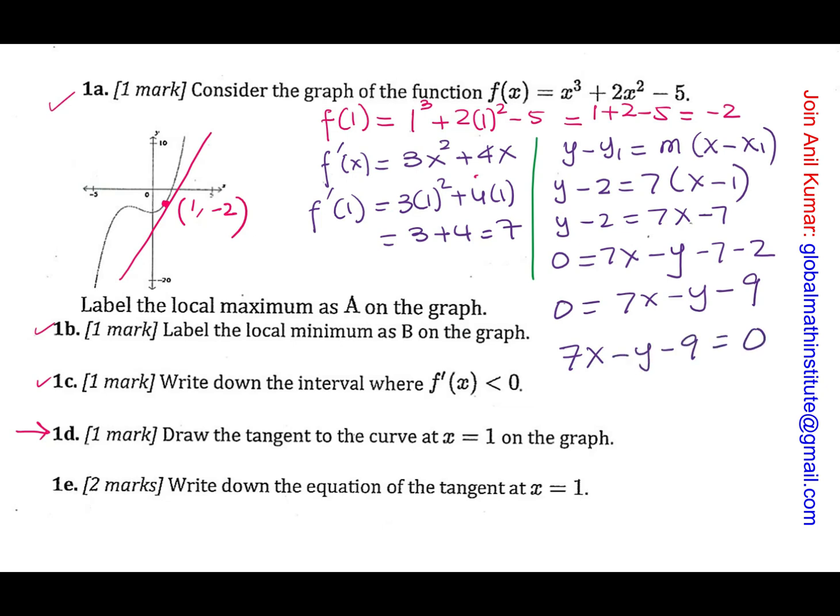If you wanted to write it in slope-intercept form, y will be 7x minus 9, right? So that becomes the equation of the line. That means the y-intercept of the tangent should have been minus 9. Make sense? So that becomes the tangent and its equation.